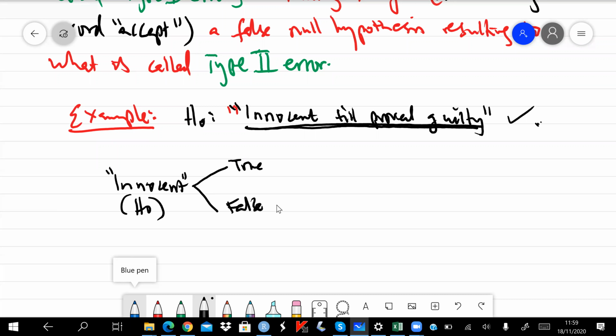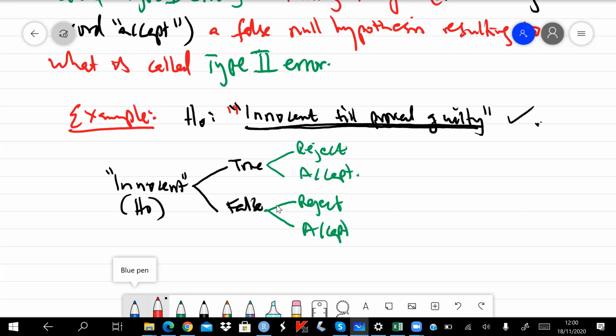Then from the evidence that the prosecutors will present before the court of law, this statement will either be rejected or we'll fail to reject it. Or it may be false. The statement might actually be false. You find that the guy is actually not innocent, but from the evidence that we have or that we lack, you end up rejecting that statement or you accept that statement.